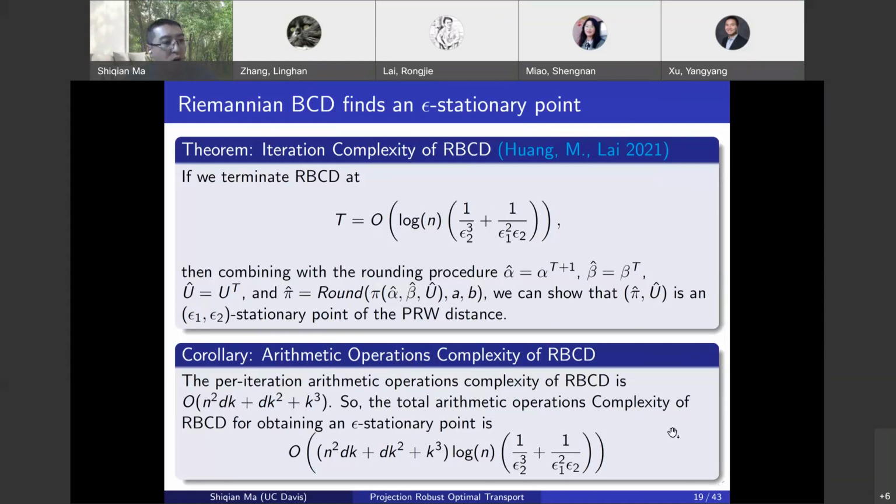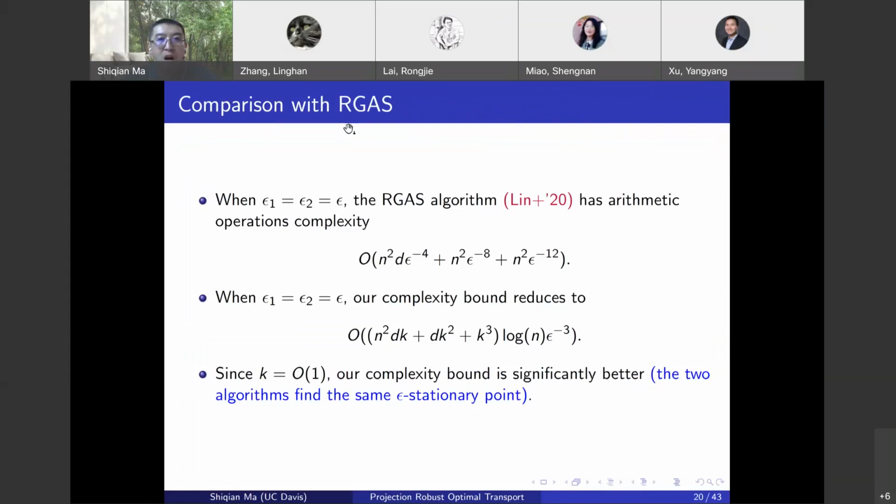Now we can compare these results with the Rgas algorithm. We consider a special case for which it's easier to do the comparison, where epsilon 1 and epsilon 2 are equal to each other, both equal to epsilon. The complexity for the Rgas algorithm is in this order.